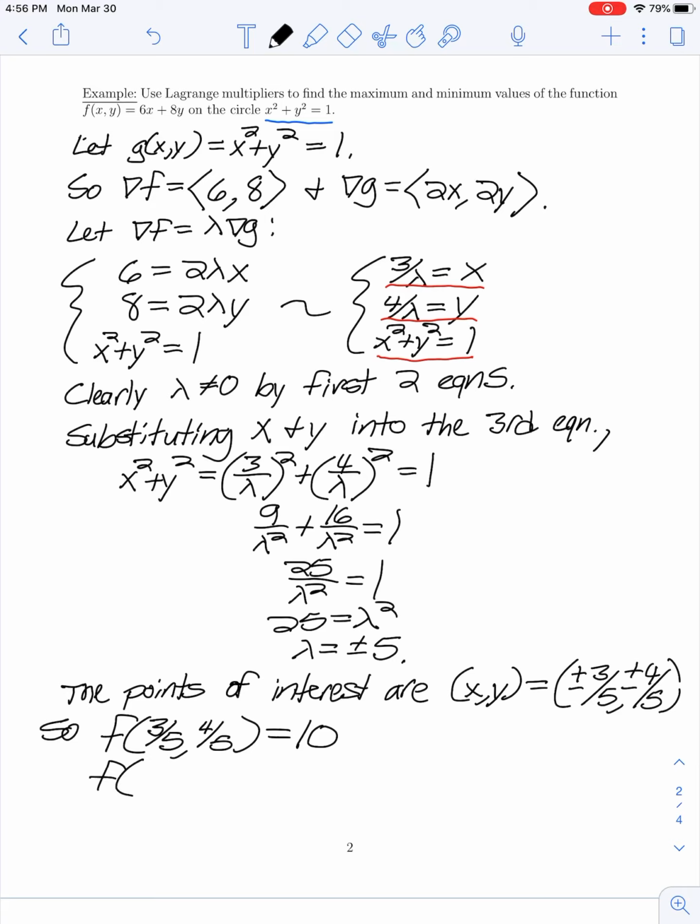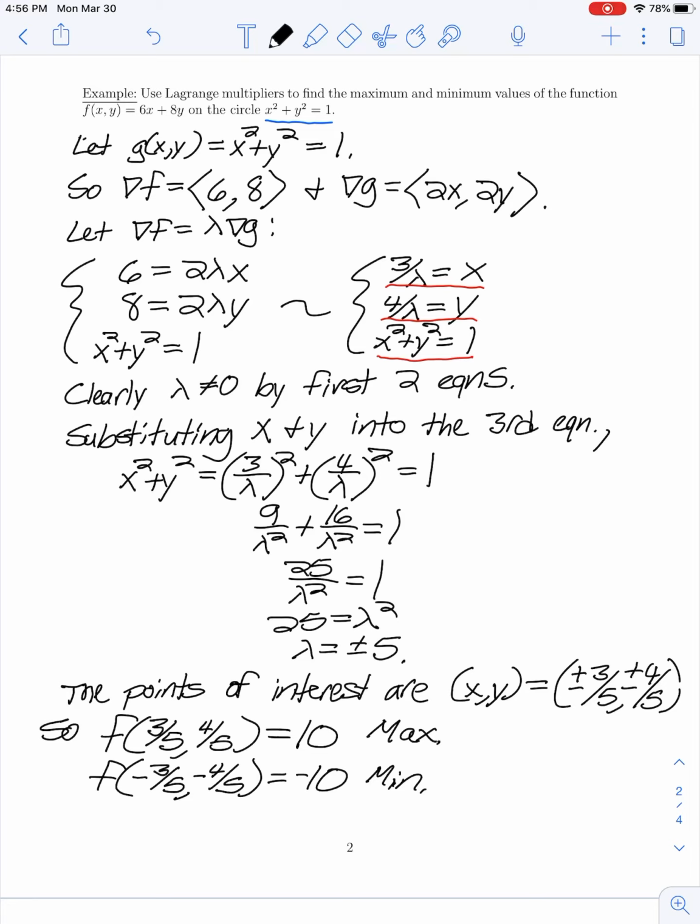So in this case, we find the value of our function is 10, and if we evaluate our function at the smallest values for x and y, namely negative 3/5 and negative 4/5, the value of our function is negative 10.